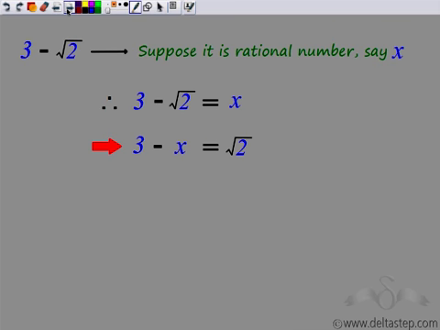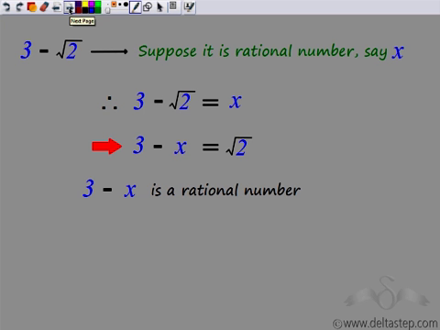Now I know that 3 is a rational number. I know x is a rational number. And we know that rational numbers are closed under subtraction. So subtracting these two rational numbers also gives me a rational number. That means that 3 minus x would be a rational number for sure. Subtracting two rationals gives me a rational.